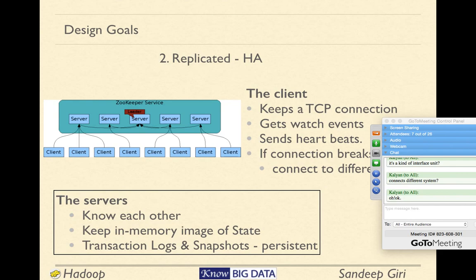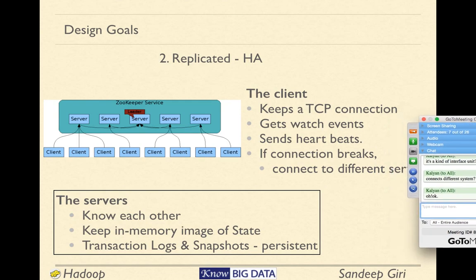This client library underneath keeps a TCP connection to ZooKeeper, and as soon as it opens the connection, it keeps sending heartbeats to the server saying, hey, I'm still alive, I'm still up. The moment the server stops receiving these heartbeats, the server assumes that the client has got disconnected.